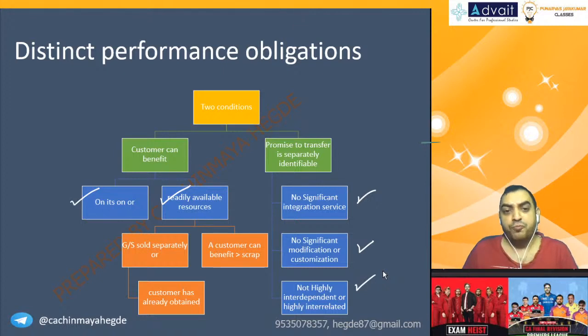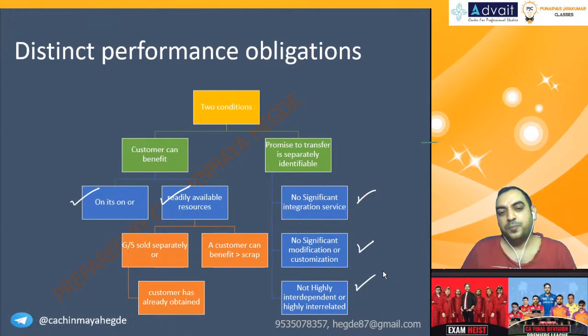Take an example of mobile phones. You know, mobiles and SIM card can be separated. They can be used differently, distinct product. You know, earlier some CDMA mobiles used to be there, Reliance Mobile, I think, where you can't take out the SIM card. Then they are integrated, they are dependent. In such a case, they are not distinct products, they become the same product.